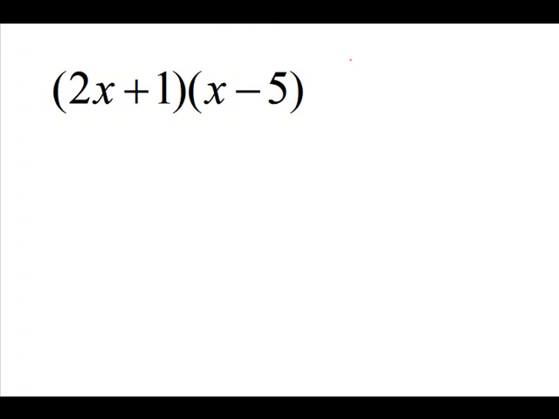This problem is a binomial times a binomial. And we'll use what we call the FOIL method to help us remember how to get all the pieces multiplied together. The F stands for the first term in each set of parentheses.